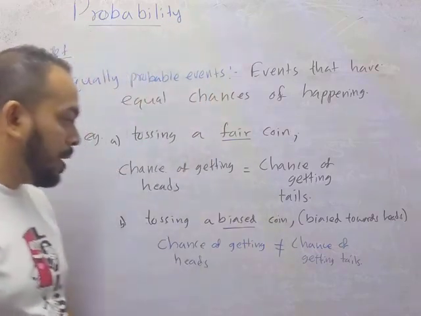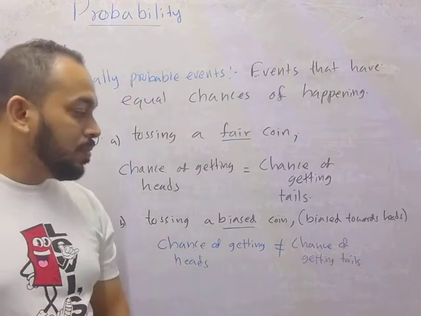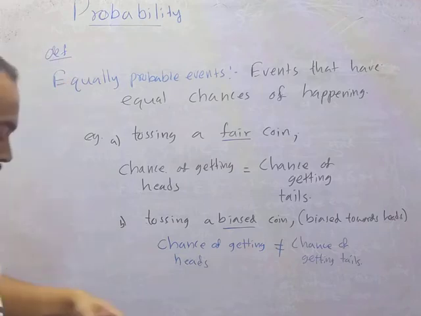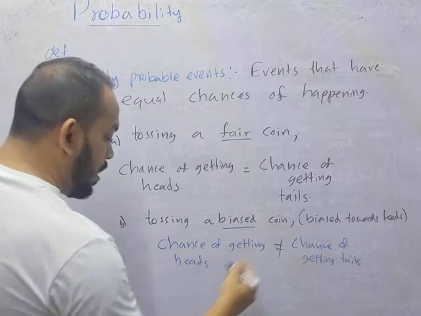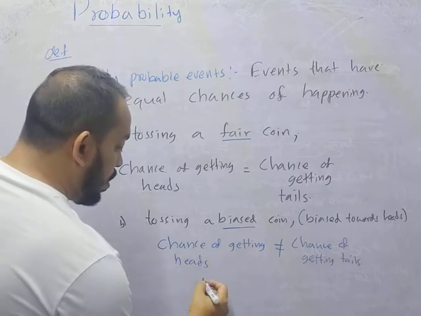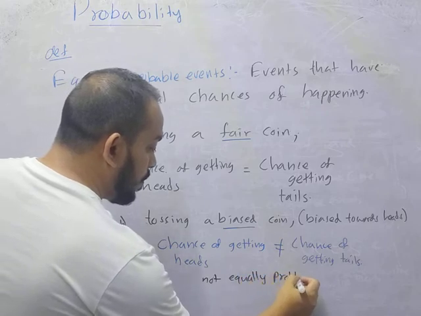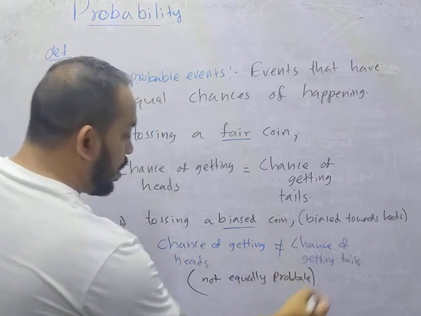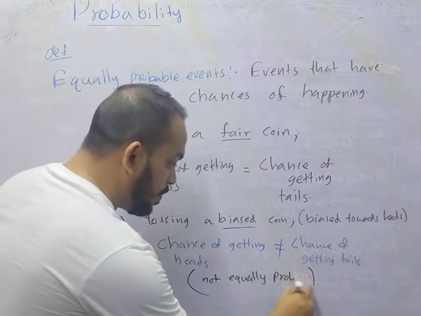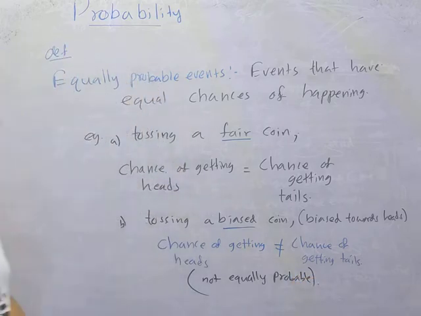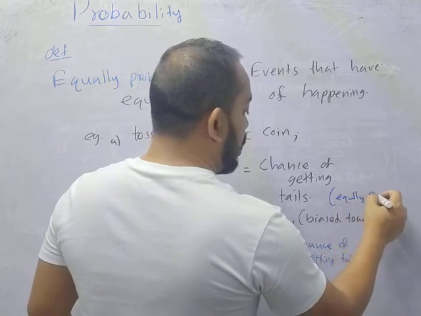So in that case, the chance of getting heads is not equal to the chance of getting tails. So when tossing a biased coin, this case is not equally probable. In the fair coin case, equally probable.